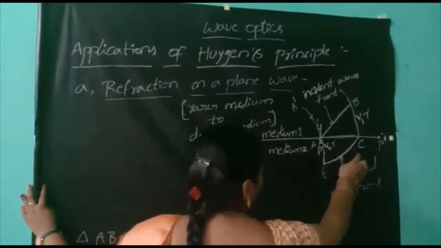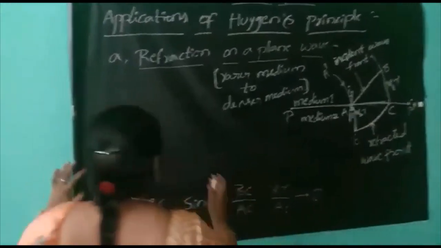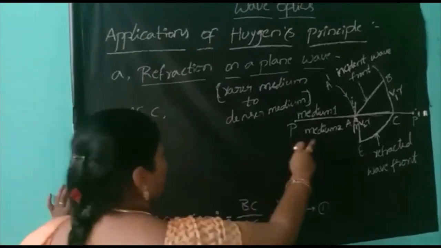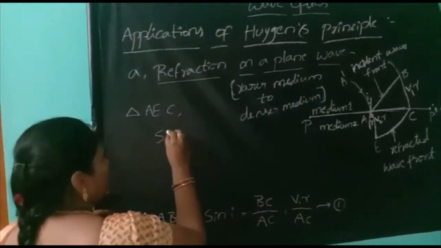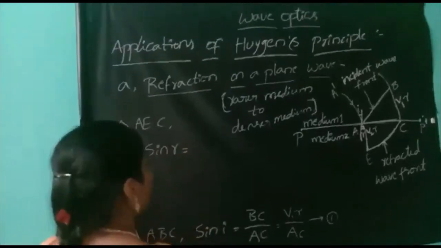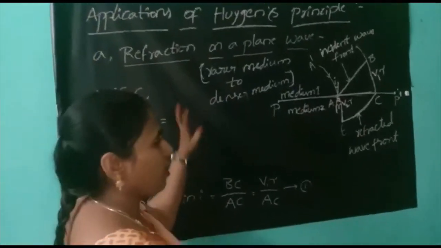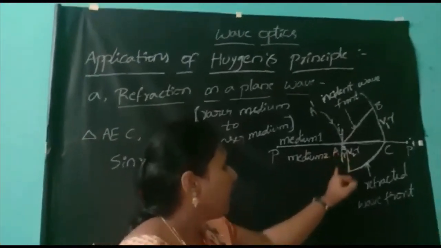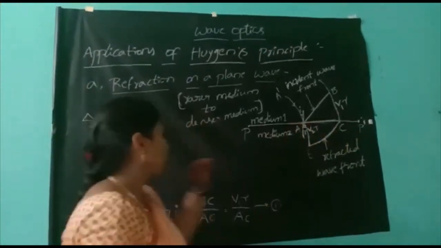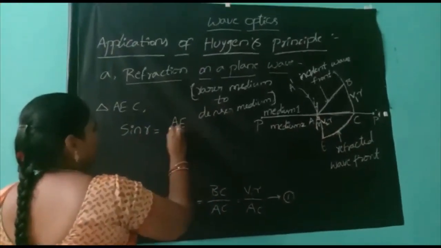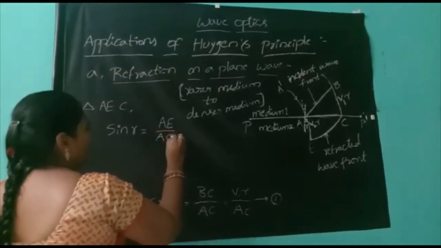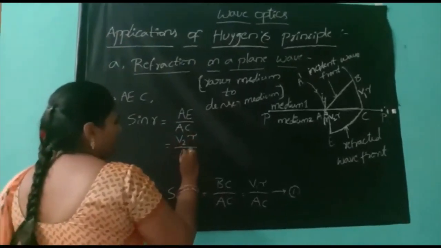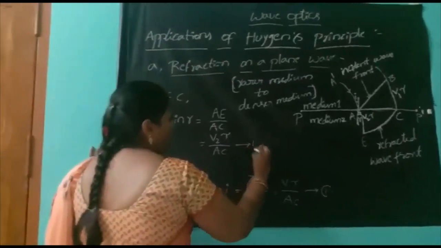From triangle AEC, the refracted wave, the angle is R. Sin R is opposite side by hypotenuse. The opposite side is AE and the hypotenuse is AC, so sin R equals V2 tau by AC. This is equation number 2.